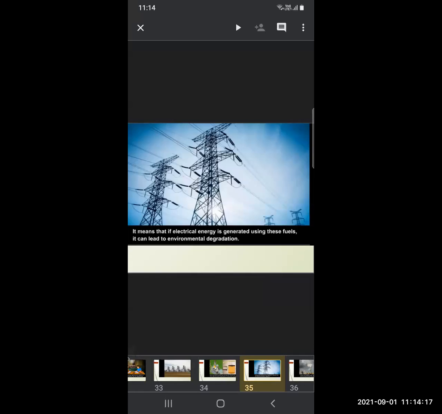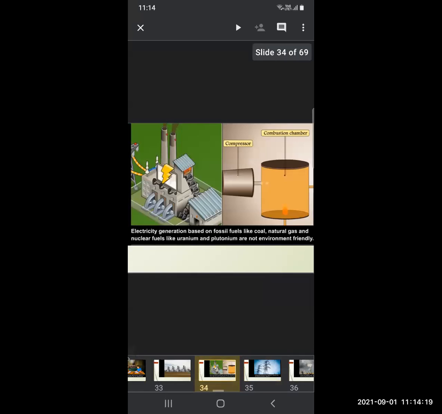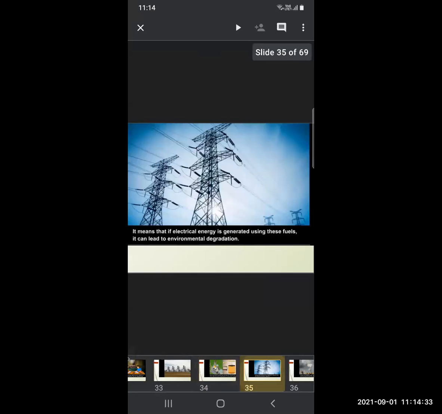Okay, we are getting electricity by using these fossil fuels like coal, natural gas, and nuclear fuels like uranium and plutonium. We are getting it, but in the same manner, they are causing environment degradation.